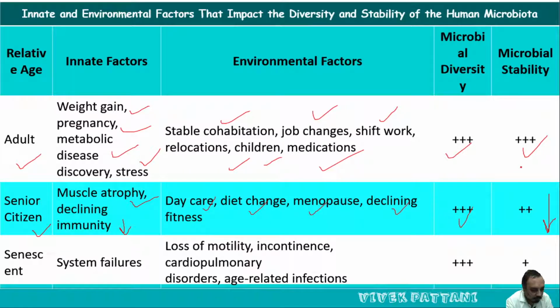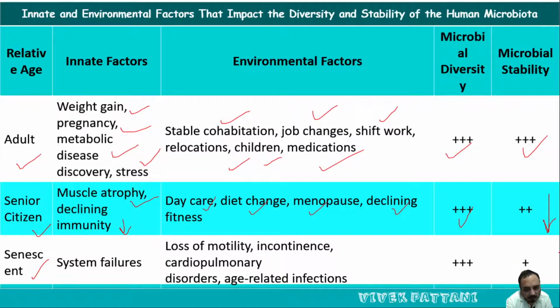And the senescent stage is also called the last stage of the human being's age life, in which basically system failures occur, due to the loss of motility, incontinence, and cardiopulmonary disorders, and various other age-related infections also.